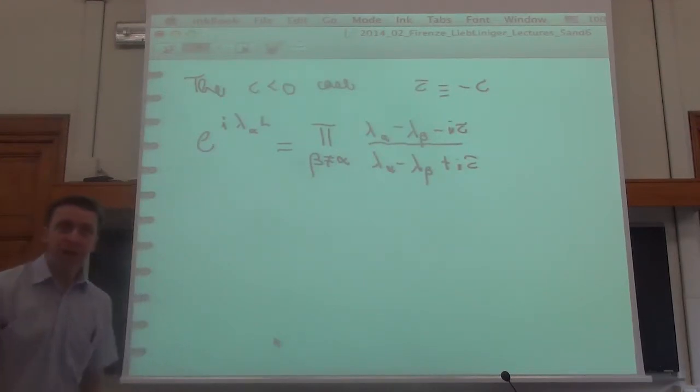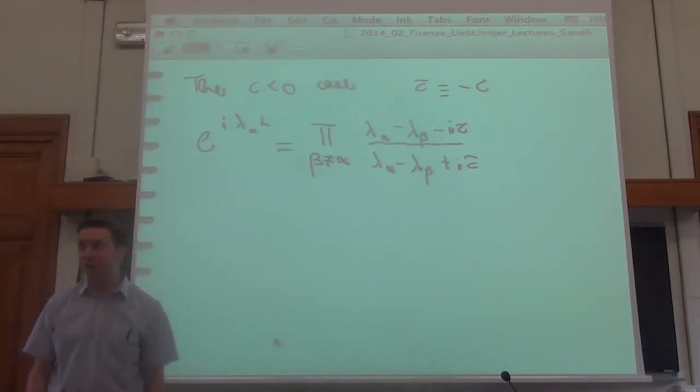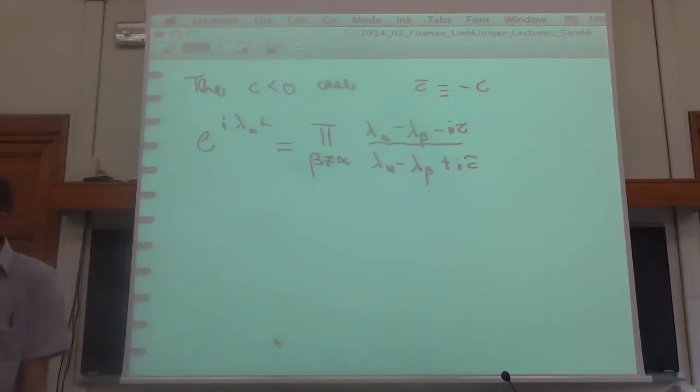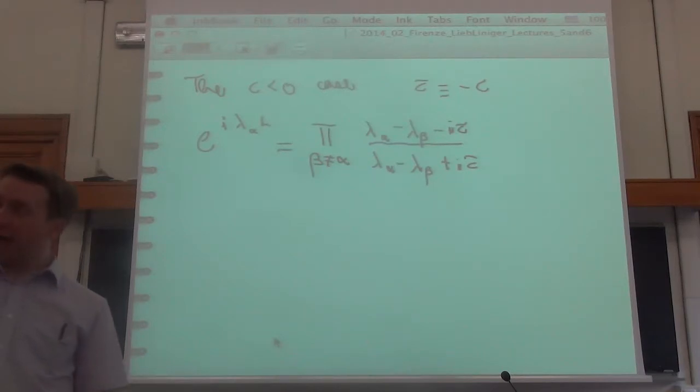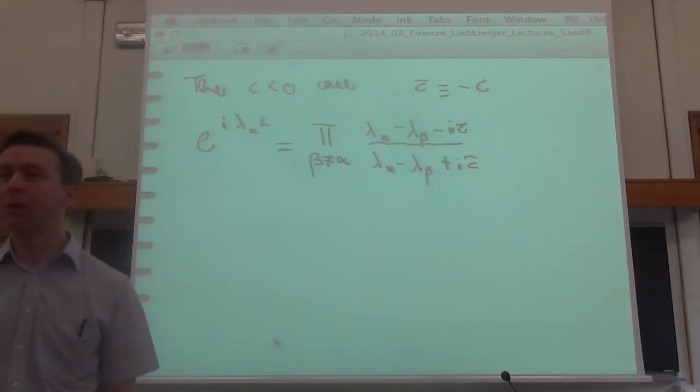So that means essentially, if you look at the right-hand side, you won't get anything out of the denominator for finite lambdas, but you could get a 0 provided there was a lambda beta such that it was equal to lambda alpha minus i C bar.